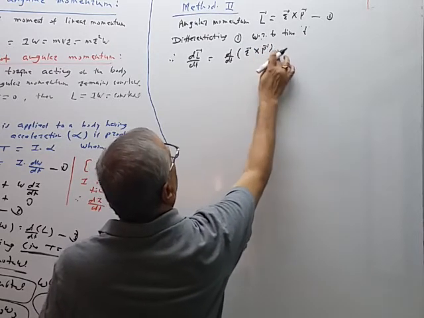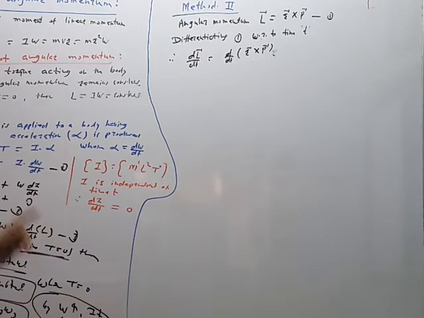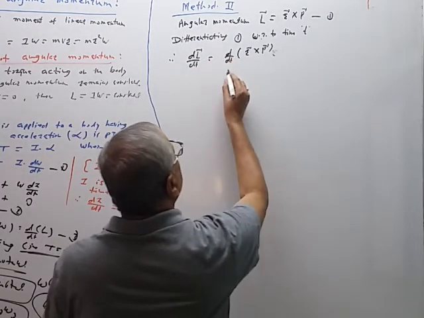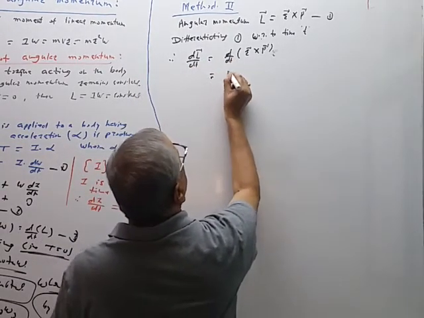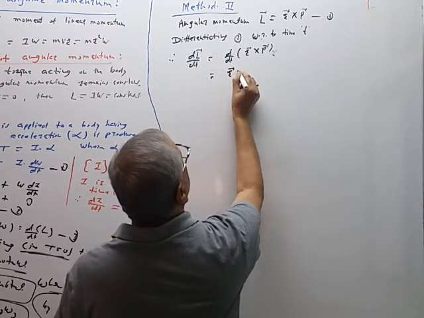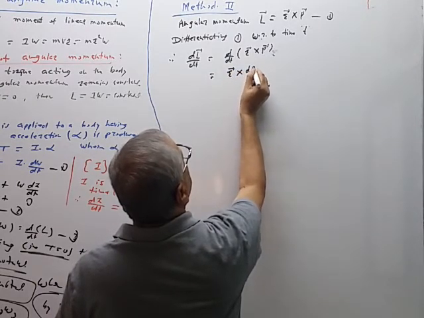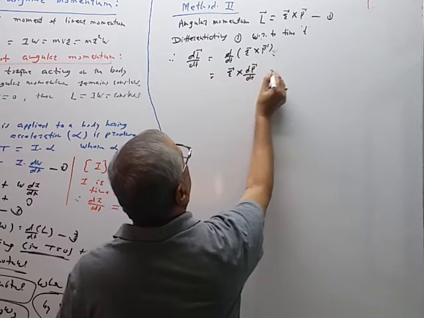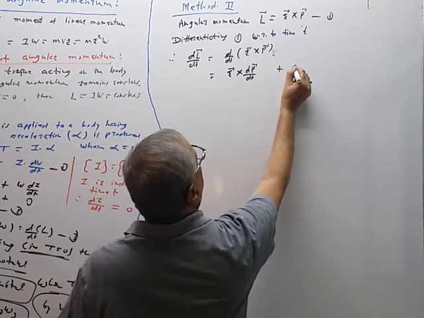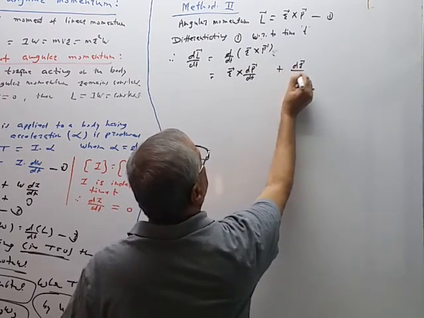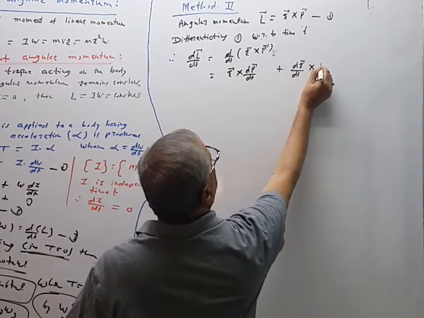Again the same rule that we used earlier: first term constant, derivative of second term, plus derivative of first term, second term constant. So this is equal to first term r constant cross dp by dt, plus derivative of first term dr by dt cross p.